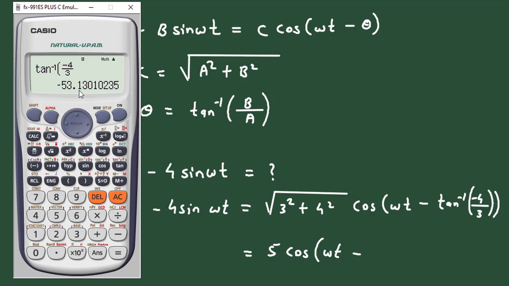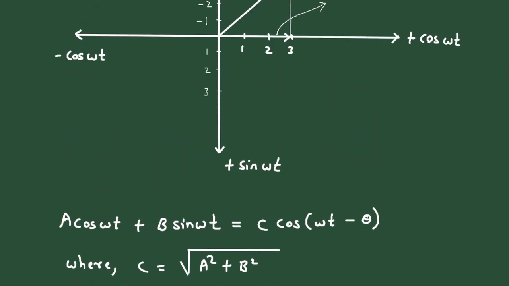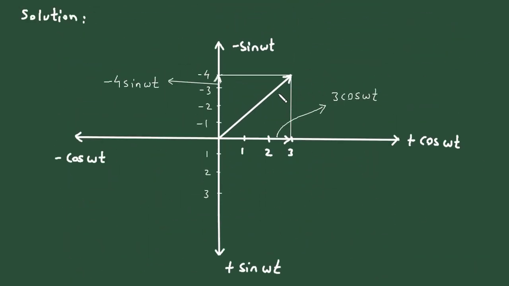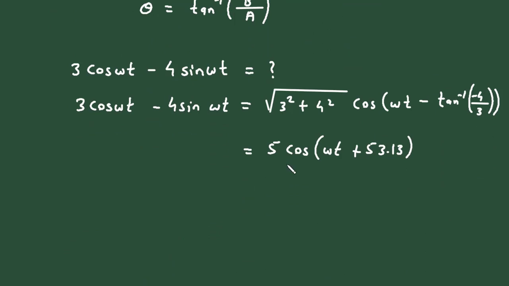So it is minus 53.13. So minus minus, this will be plus 53.13. So this is the resultant of this: 5 cos omega t plus 53.13.